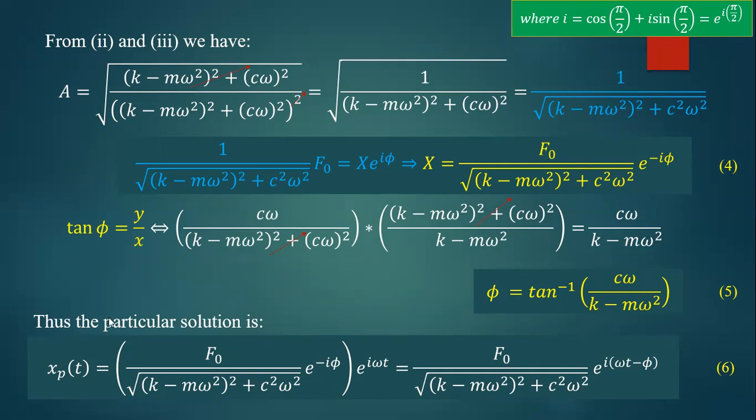So finally, substituting the steady state amplitude x and the phi components in our equation, we will get the particular solution x particular of t is equal to f naught over radical of k minus m omega square the whole square plus cw the whole square, e to the power of i omega t minus phi.